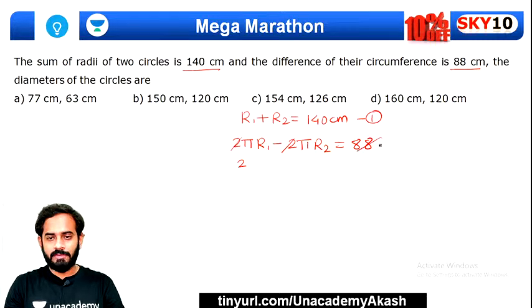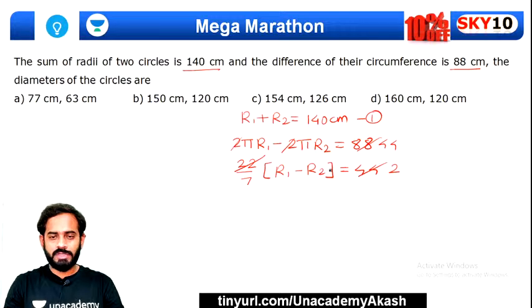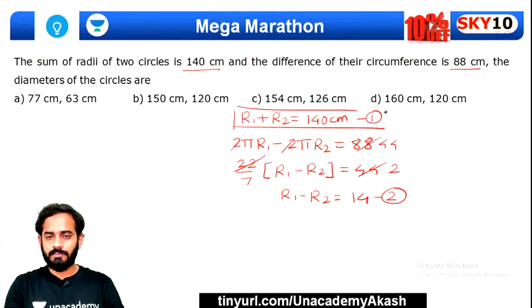This will be 44 and take pi common, that is 22 by 7, R1 minus R2 is equal to 44. So 22 twos are 44 and 7 twos are 14. So R1 minus R2 is equal to 14. Okay, so this is equation 2. This is equation 1 and this is equation 2.